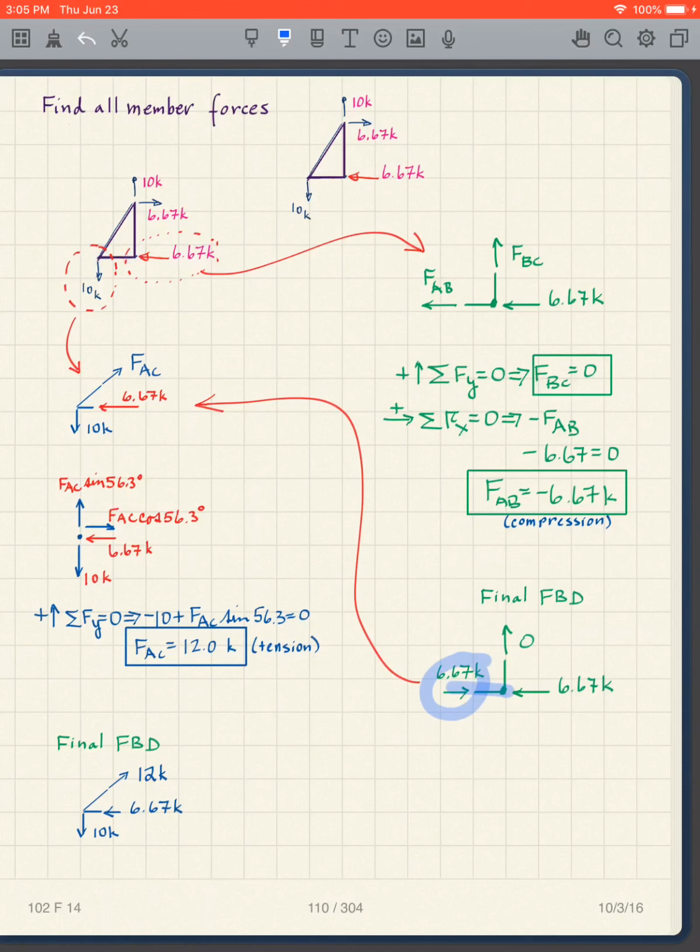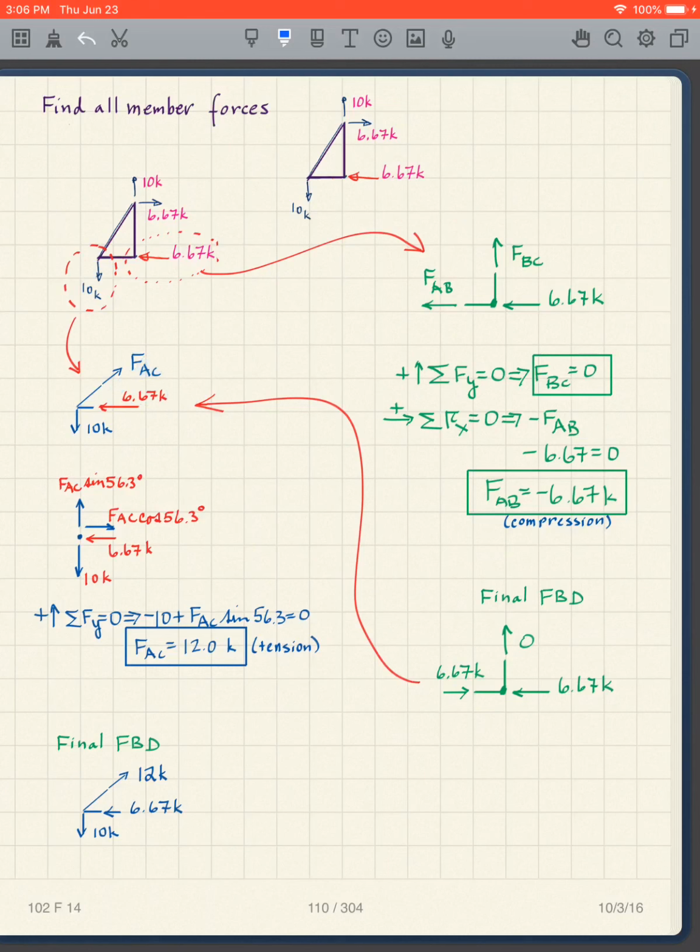And so I am going to take a free body diagram of this point. I'm going to show the 10 kips is here, an external load, and I don't know what FAC is, but I do know that this is 6.67.